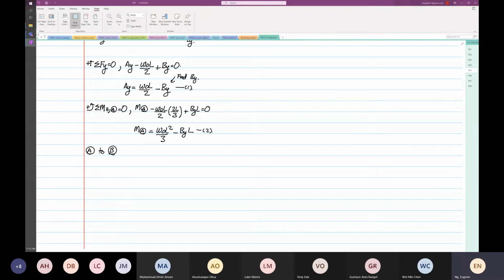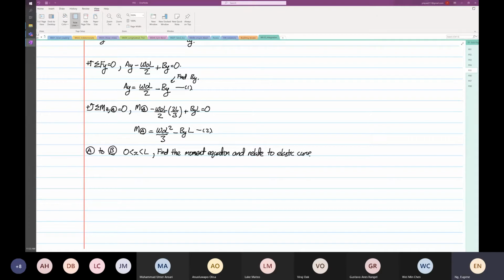Okay, 0 ≤ x ≤ L. So over here, what we are trying to achieve is to find the moment equation and relate it to the elastic curve.